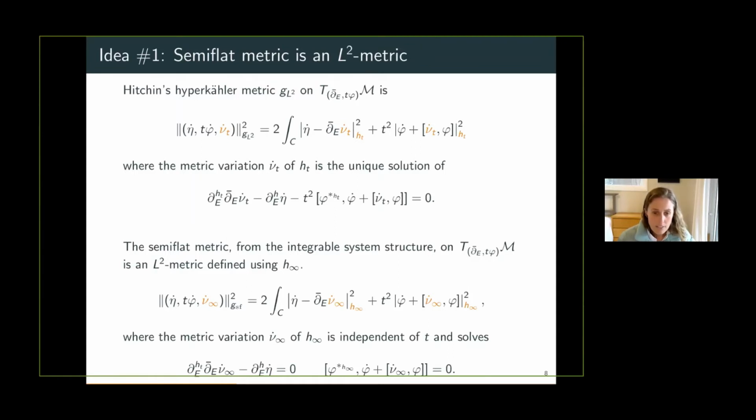The only difference is that this equation splits, and nu dot infinity solves these two decoupled equations. And so that's the first thing: to put L infinity, the semi-flat metric, on the same kind of analytic footing as L2.